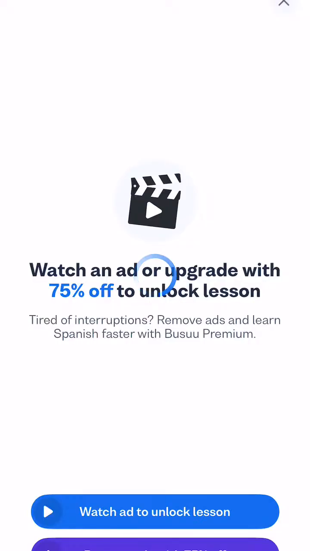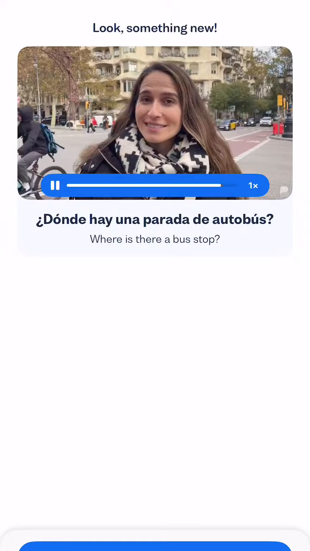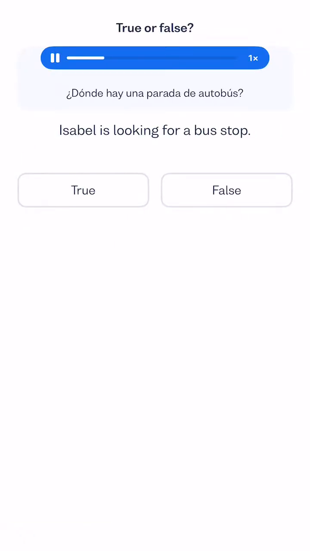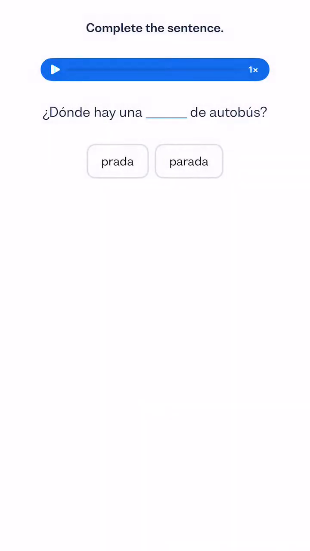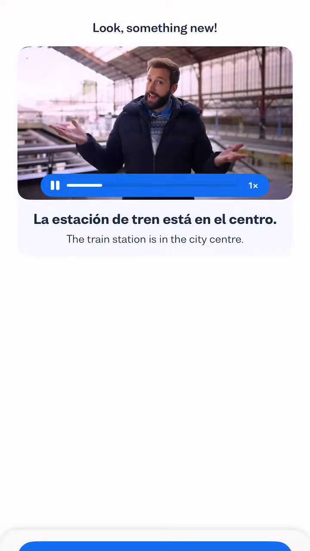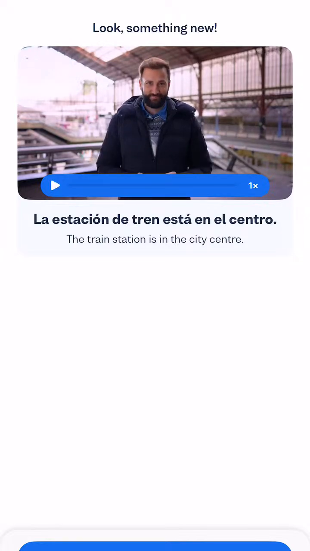Very 80s coded. It reminds me of ¿Dónde hay una parada de autobús? Where is there a bus stop? Is that even correct? ¿Dónde hay una parada de autobús? Okay, Isabel is looking for a bus stop. ¿Dónde hay una parada de autobús? Stop of autobus. La estación de tren está en el centro. The train station is in the city center.